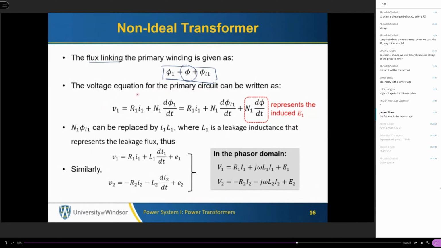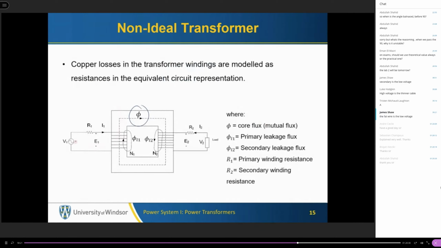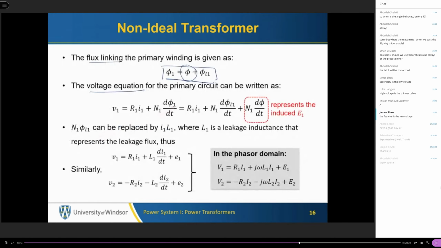Now, if we apply Faraday's law and write the voltage equation. So V1 here is the supply voltage. E1 is the voltage on the ideal transformer, the induced voltage. This induced voltage is linked only to the flux inside the core, not the leakage flux, as we did with ideal transformers.